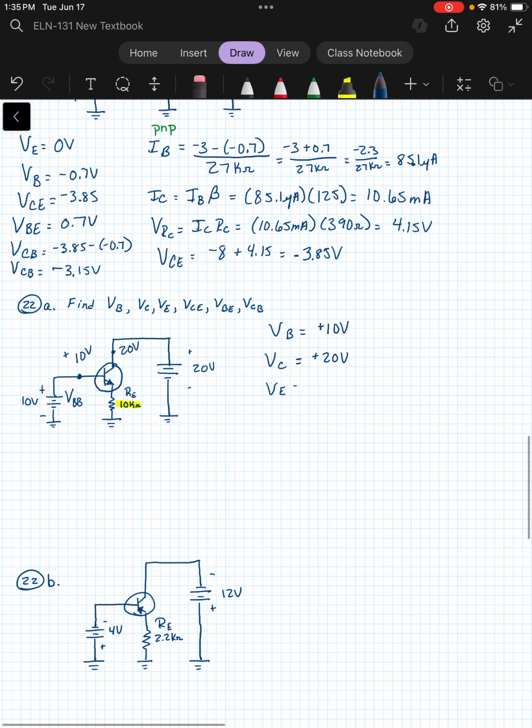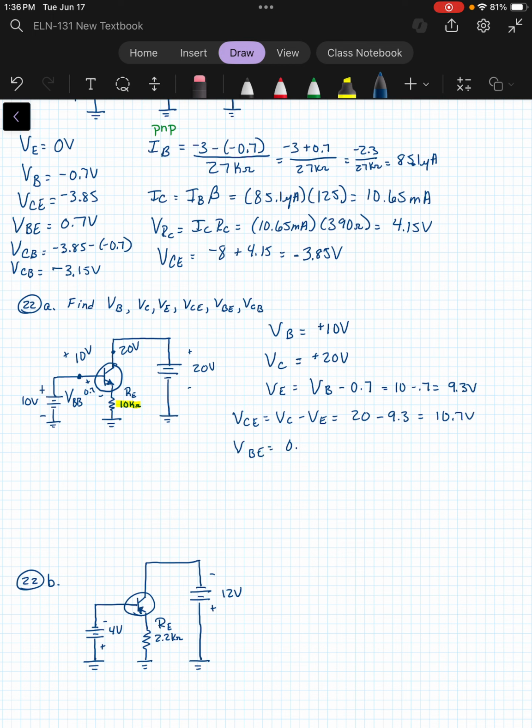Now at VE, VE is going to be VB minus 0.7, because we're going to see that drop from here to here of 0.7. So 10 minus 0.7 would be 9.3 volts. Now VCE, again, is just VC minus VE, where we have 20 volts minus 9.3, or 10.7 volts.